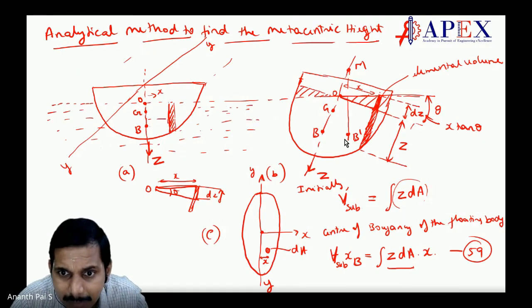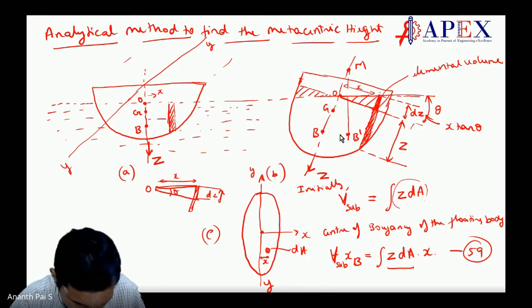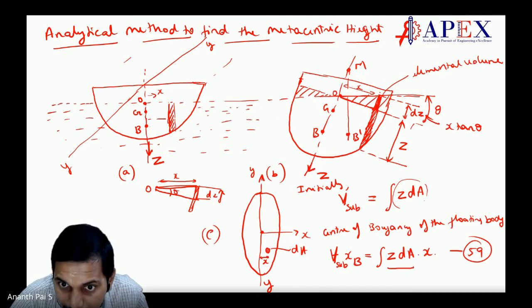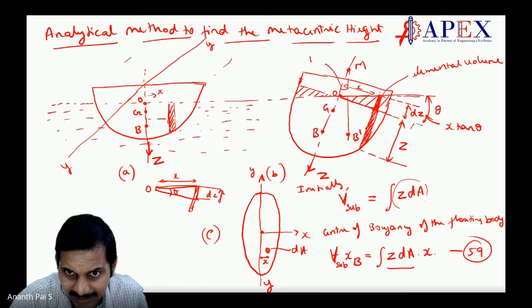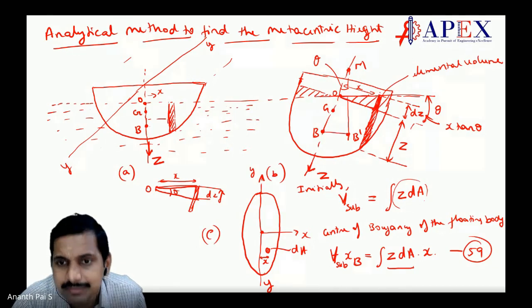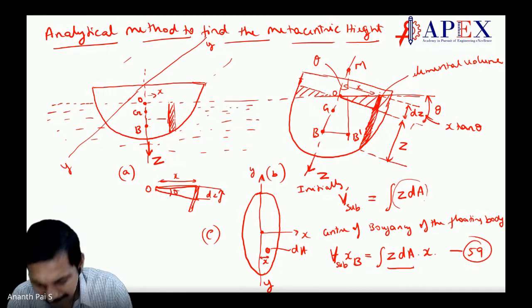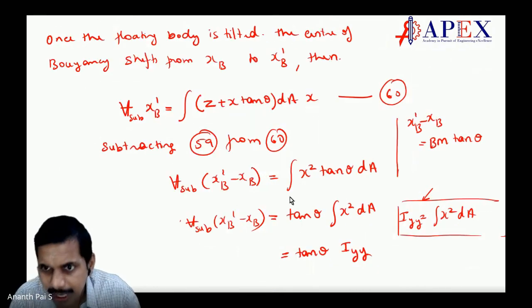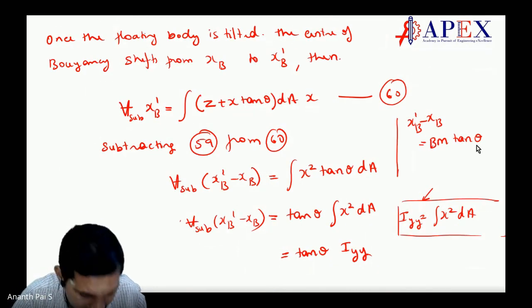If you see here, because of the change, b dash minus b, this is theta, the angle by which it is tilted. So it is bm tan theta, this distance. Correct, students? So x minus x dash is bm tan theta.